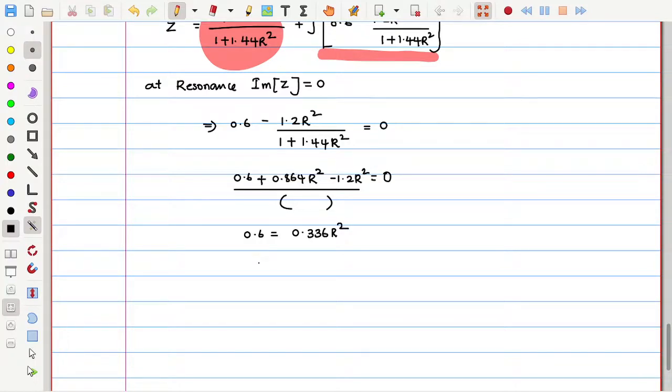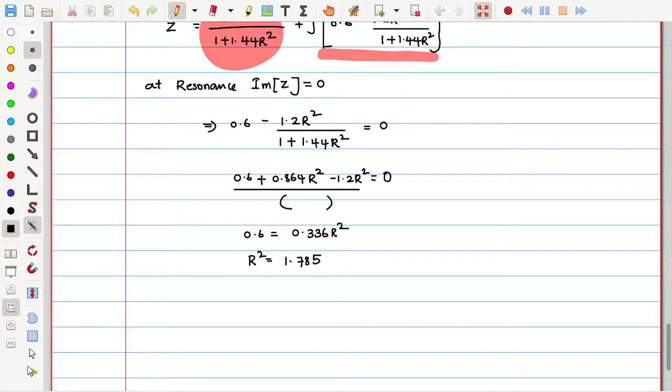Then how much is R? Just quickly find. So 0.6 divided by this, R square is equal to 1.785. Am I correct? Just check it.